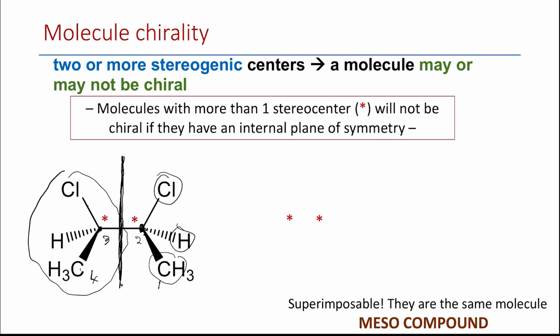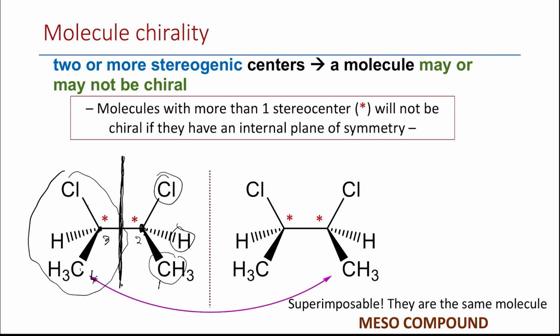If you have a molecule with an internal plane of symmetry, one that splits it into two halves which are mirror images of each other, then this molecule is not chiral. It's achiral. This type of molecule is called a meso compound, and these are superimposable on each other.